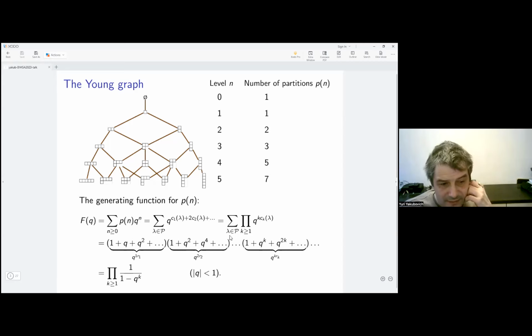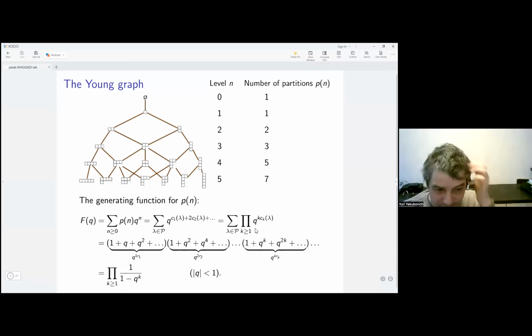And then we can replace the sum over all partitions by the sum over all possible values of part counts.